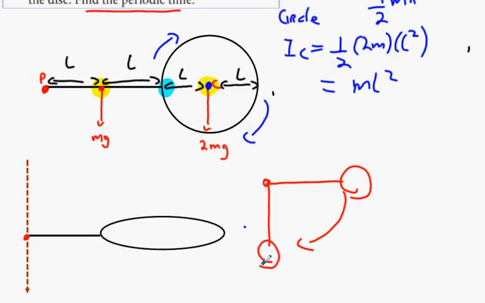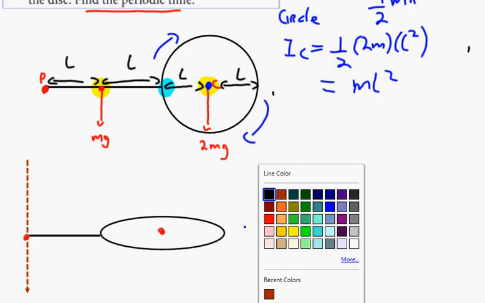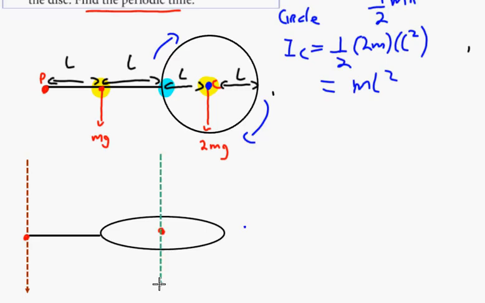So we now have this circle, and it's going through this point here. What do you know about those two axes? They're parallel. Therefore, we're going to use the parallel axis theorem.